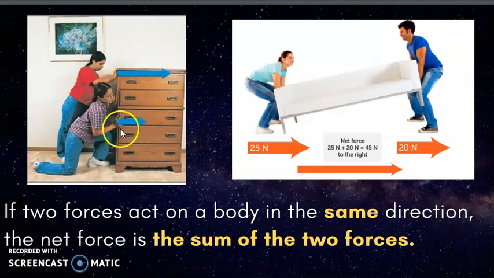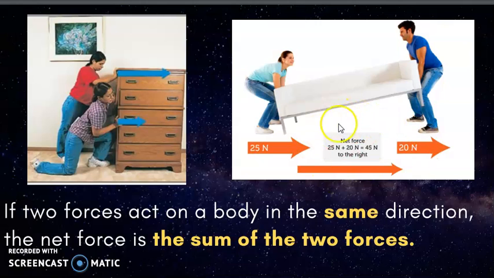So what happens when two forces act on a body in the same direction? Yes, the sum or the net force is calculated, which makes the object move. The same applies over here. What can you see? Yes, both of them are picking the sofa from two different ends, but they tend to move towards one direction only, that is towards the right, right?